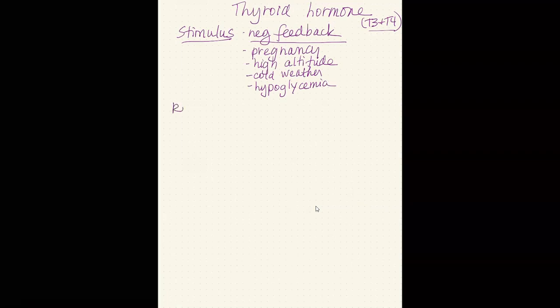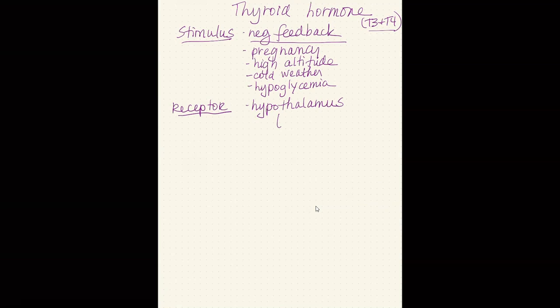Okay, so the receptor and the glands that are going to be involved. Hypothalamus. The hypothalamus is going to release a hormone called thyrotropin releasing hormone.